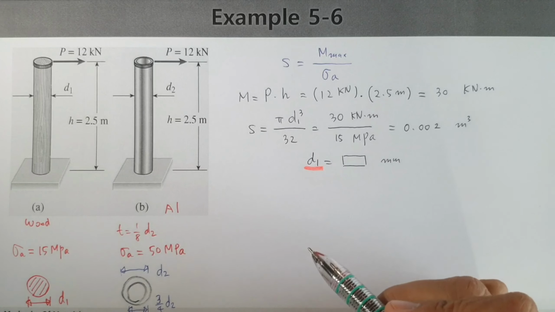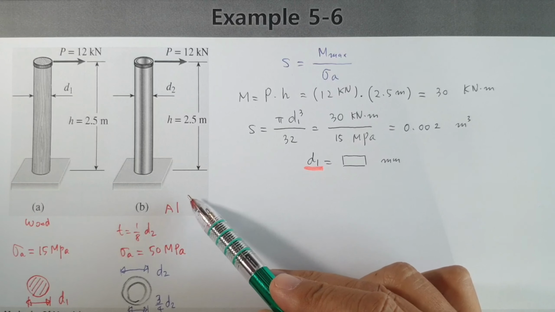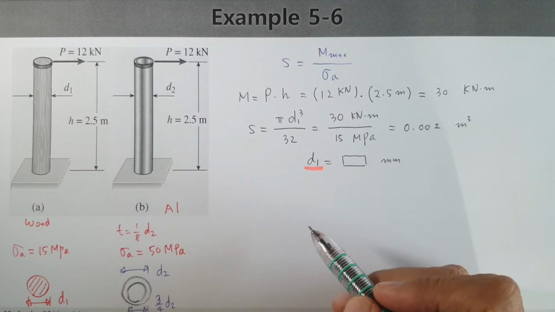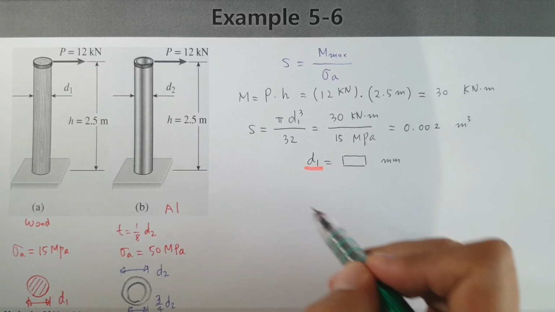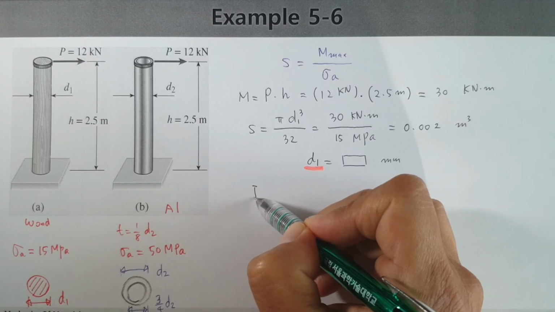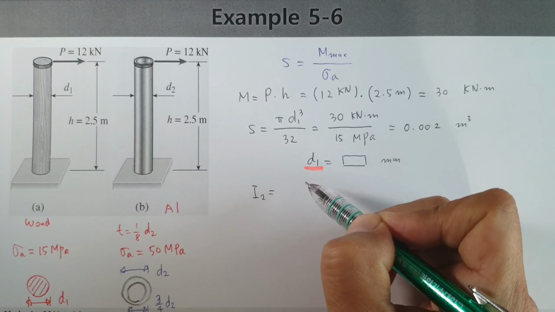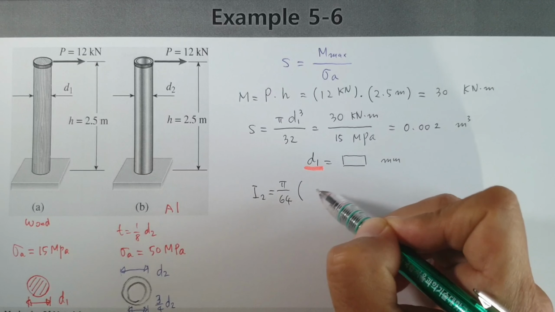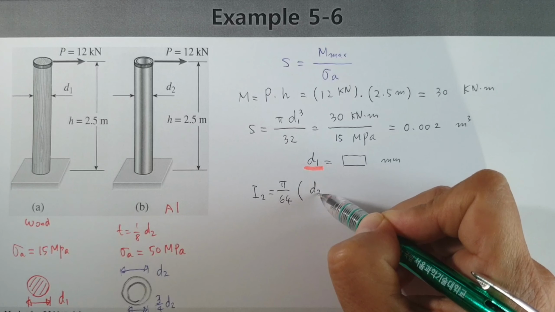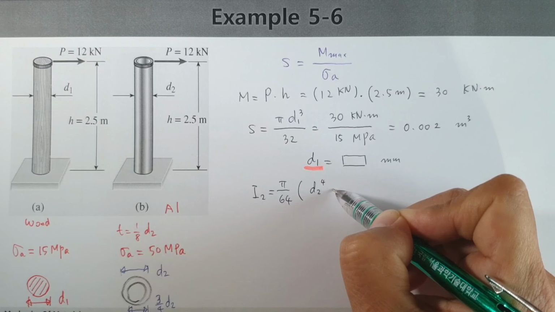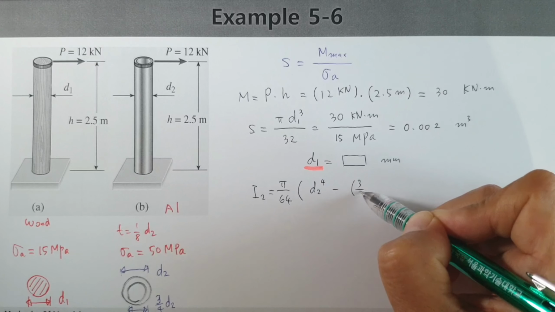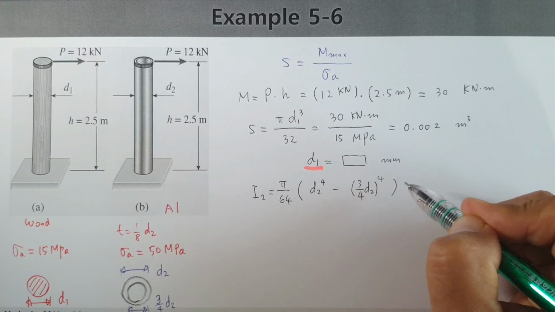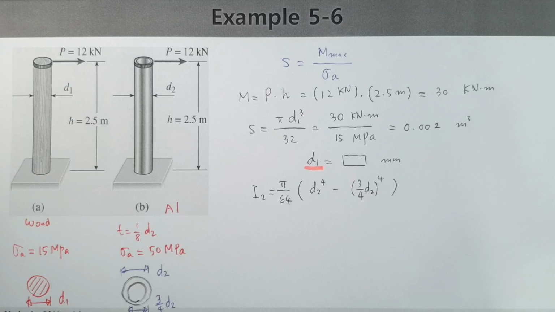Next case, we would like to calculate the aluminum case. In this case, we would like to calculate the moment of inertia I2, which equals pi over 64 times the outside diameter, D2 to the fourth, minus the inside diameter, 3/4 D2 to the fourth. This is the moment of inertia in this case.